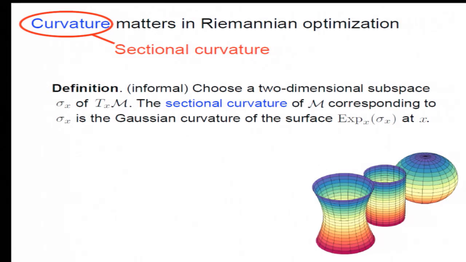But the good thing is, it turns out that what matters is the sectional curvature, which is the simplest curvature definition we can have on a Riemannian manifold. Basically, the sectional curvature is the Gaussian curvature of a two-dimensional submanifold at a given point.